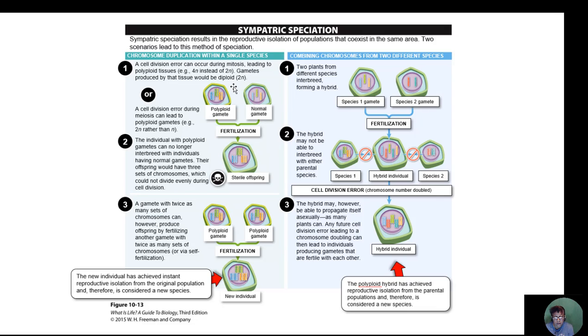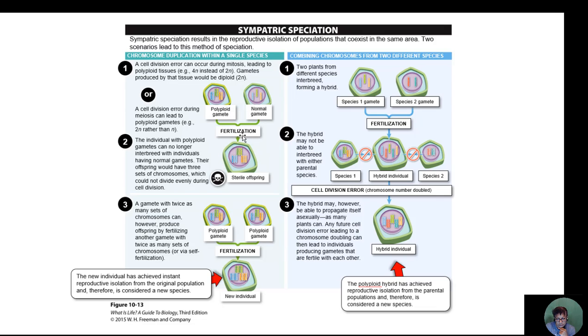Normally, once you have meiosis and division, your gamete ends up being haploid, right? But say this one cell division error occurred, and now when you go into meiosis, you end up with a diploid, two diploids. So what can happen?